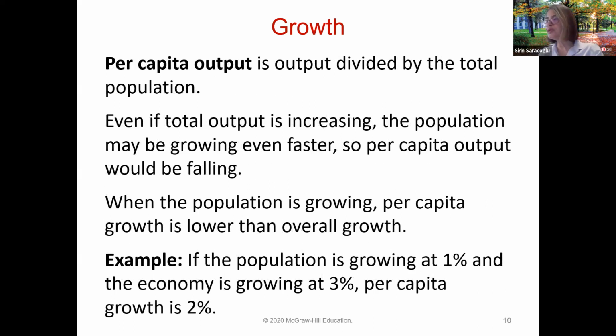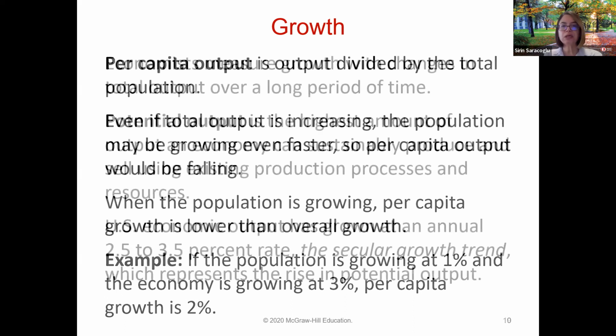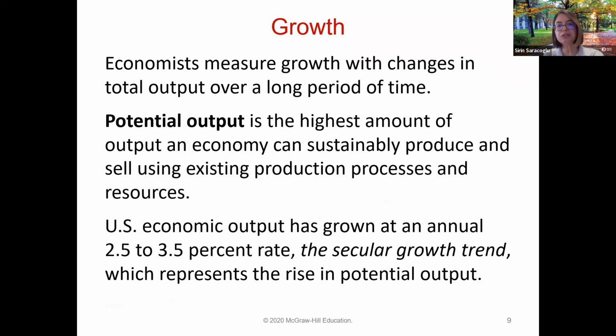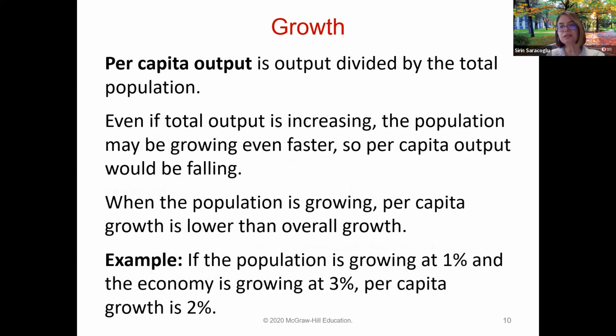Now, this growth rate is considering the real GDP in aggregate. But of course, when we study the standards of living or the well-being of individuals in an economy, we also want to resort to per capita GDP, or per capita output or per capita income, which is the aggregate output or GDP divided by the total population, the number of people living in that country.